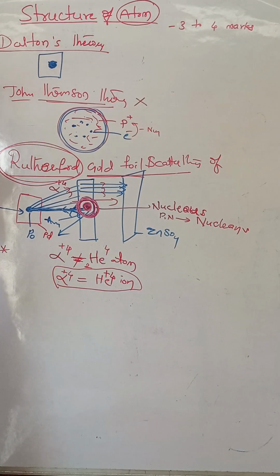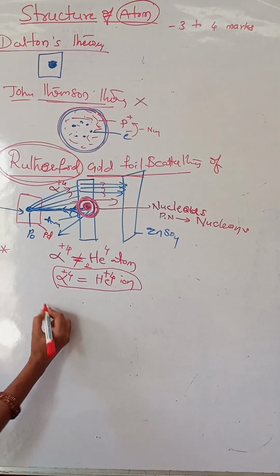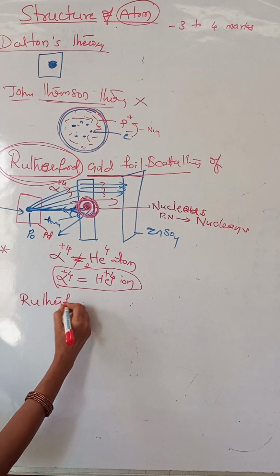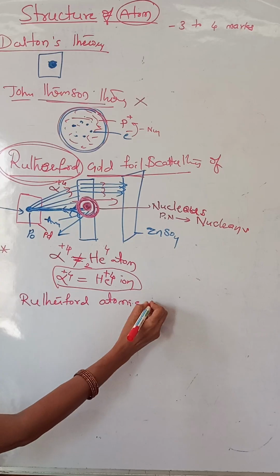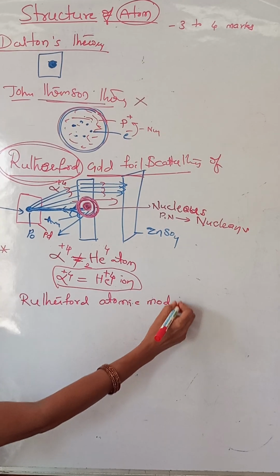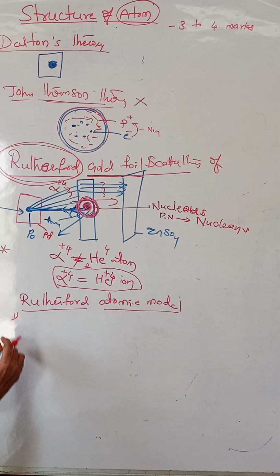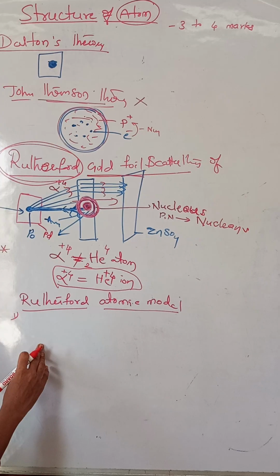Next, the Rutherford atomic model. In this model, he says atoms are spherical in shape.